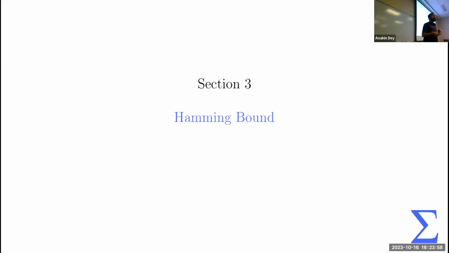So this brings us to our next section, which is talking about the Hamming bound. There's a couple of good ways of talking about how these error correcting codes help us bring down the space of bad codes.